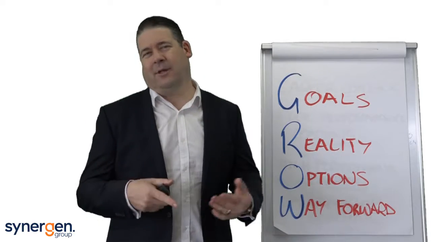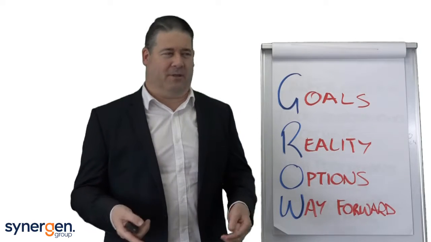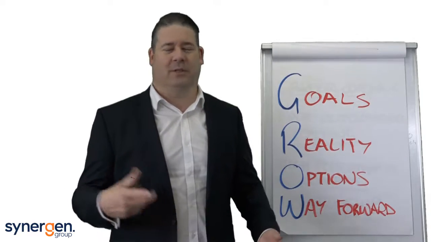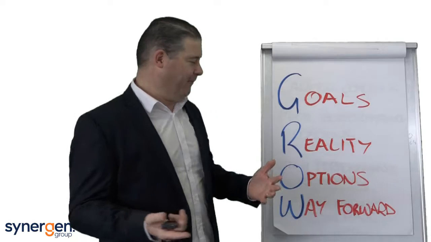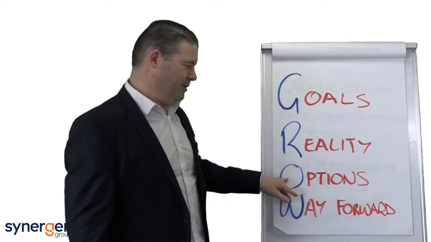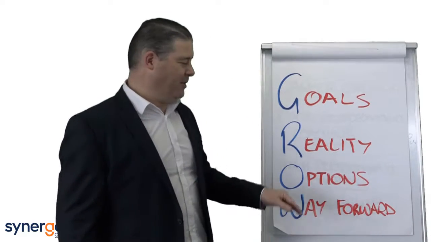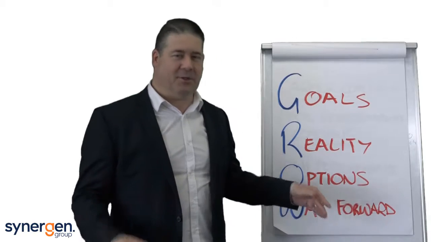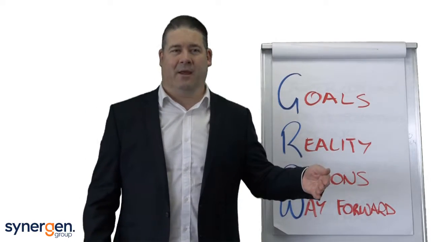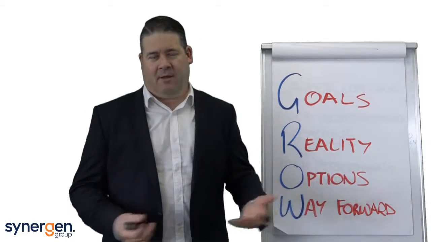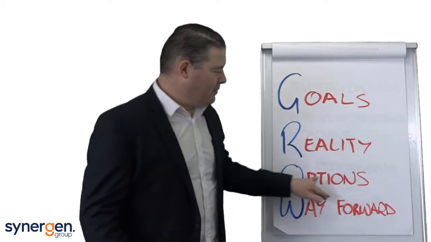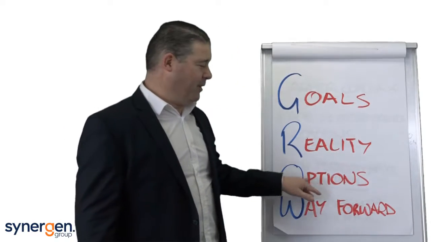Then it'll give you a couple of other options, and it might say 1 minute slower or 10 minutes slower, whatever it might be. But at least you're given options. When you're in a coaching situation, you want to provide someone with options. You don't just want to come in and say, this is the way, because there isn't just one way. There are always many ways. So take the time to actually go through the options.